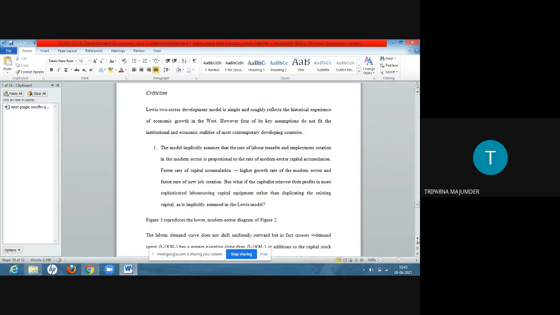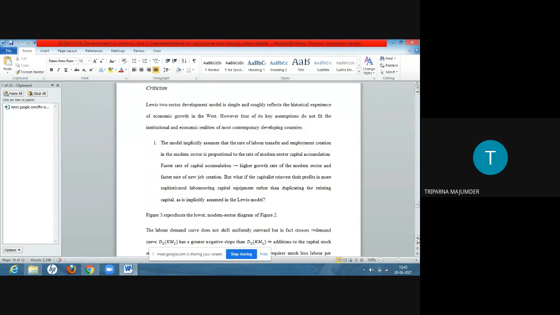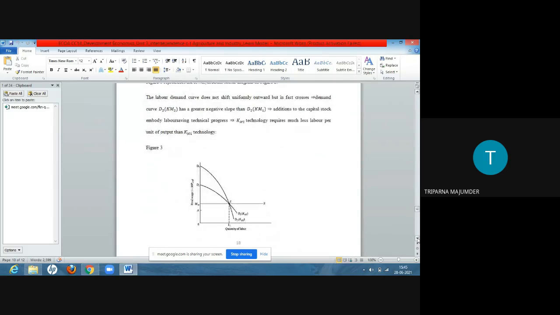We go on to the next figure so we can understand. Here, what is happening? Initially, the marginal product curve is this D1, K1.